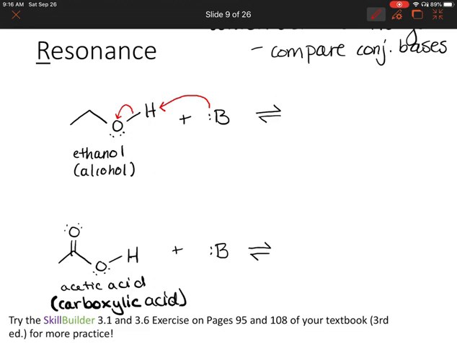So arrow pushing just means where are electrons going? How are they moving in a reaction? So it's kind of similar to our resonance structures, but this time instead of electrons moving within a molecule, they can move between molecules, if that makes sense.